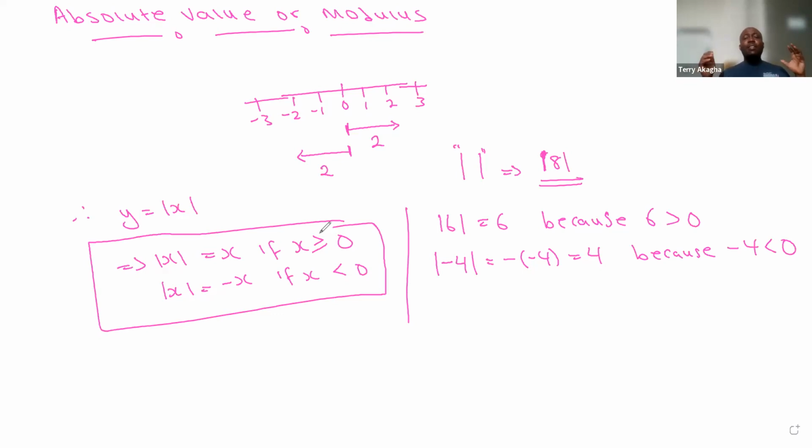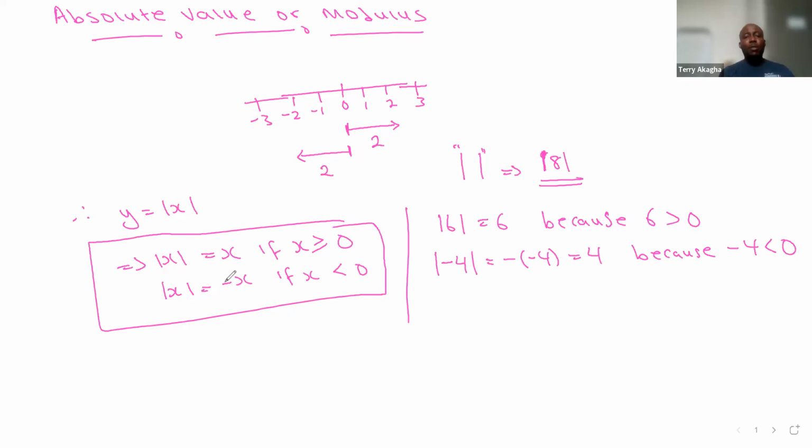You can find several similar expressions like this. For instance, let's find the absolute value of x plus 5. Remember I told you, if it's less than 0, you put a minus. If it's greater than 0, it will just be that value. So there are two possible things for this expression.